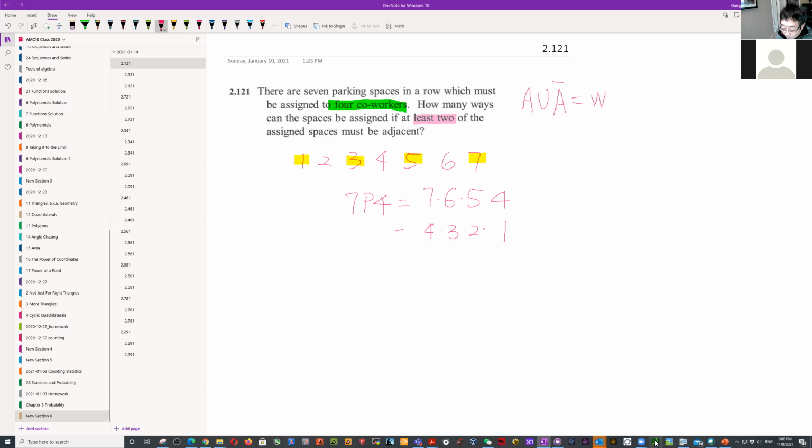Then this is the factorial; I have to put in the number first. So 7 permute 4 minus 4 factorial, and that's 816.